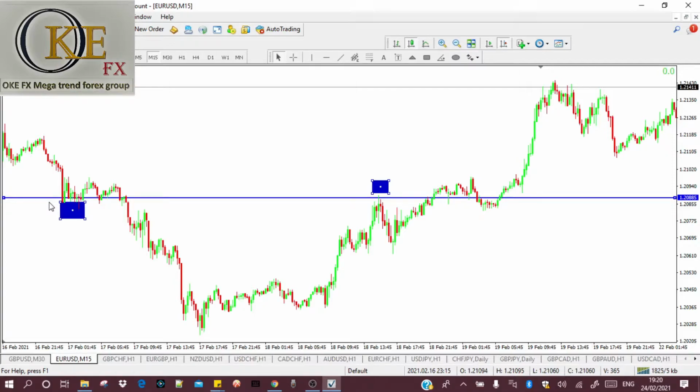So when price is falling and then meets a temporary barrier, I call it temporary because almost every support or resistance line or area is eventually broken.